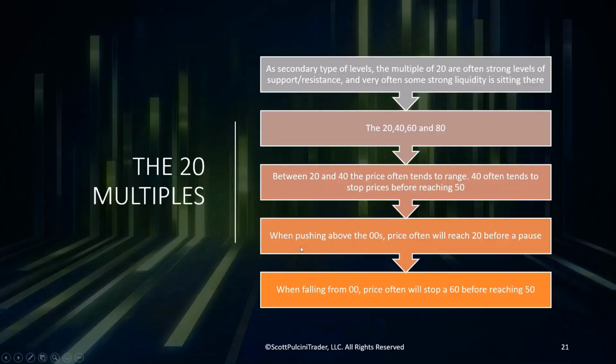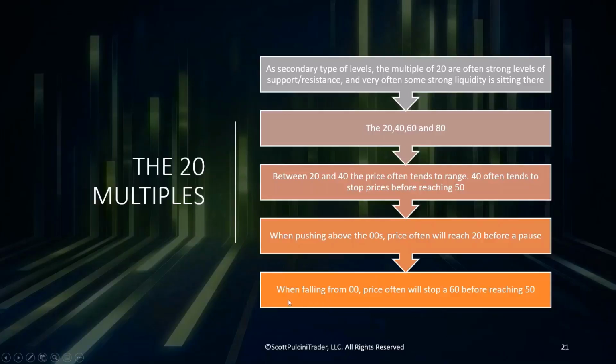And when pushing above the round numbers, the price will very often reach the 20 before a pause. So if you see a strong momentum higher, breaking above round numbers, the price is very likely to push up and get around the 20, find some pause there, come back around the 10, retest the round numbers, and then likely go back up again.